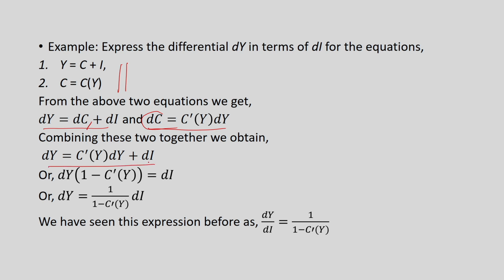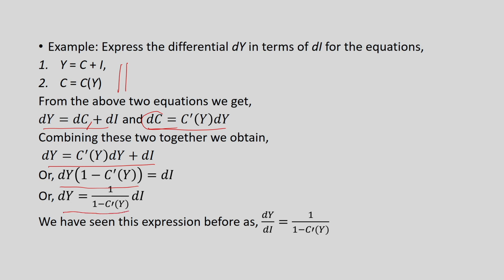So this is what I will get: dy is equal to c prime y dy plus di, and I will take all the dy terms together on the left hand side. So, dy multiplied by 1 minus c prime y is equal to di, and therefore dy is equal to 1 divided by 1 minus c prime y, the whole thing multiplied by di.